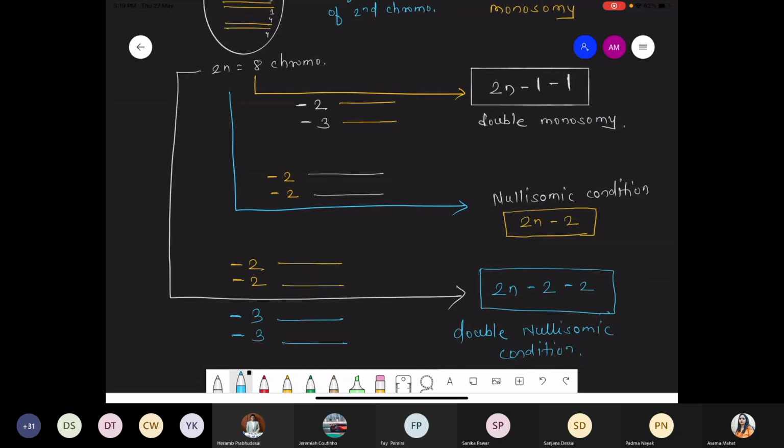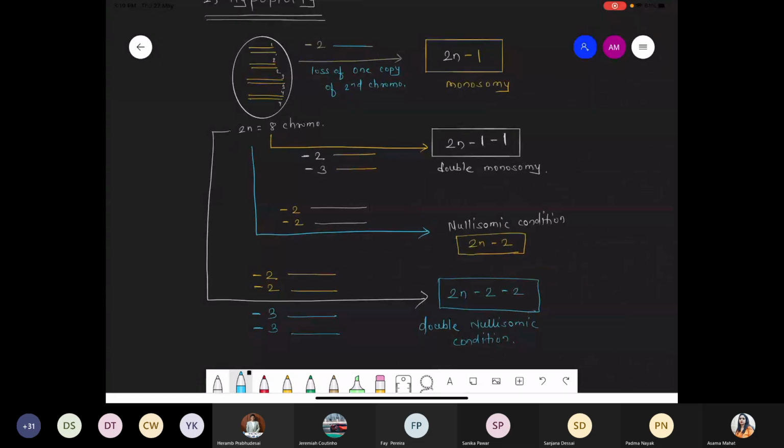Got it? Simple. In trisomy there is addition, in monosomy there is deletion. Simple.